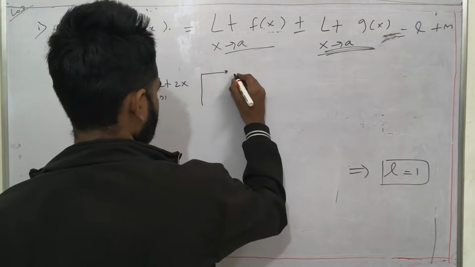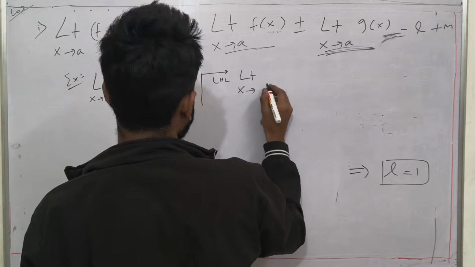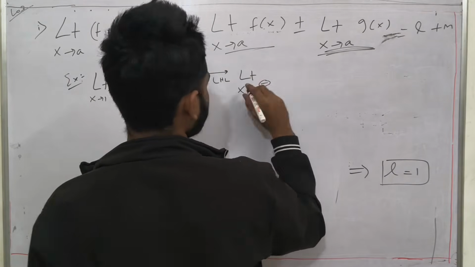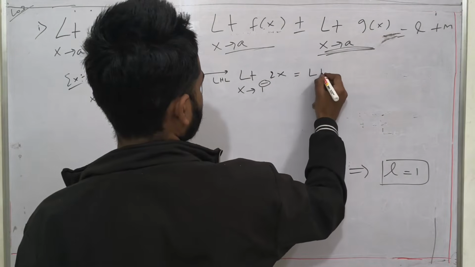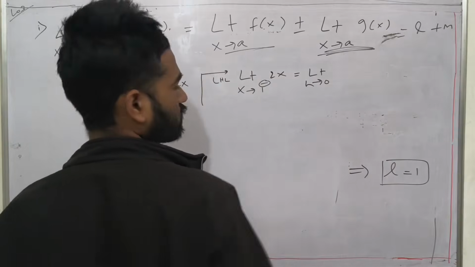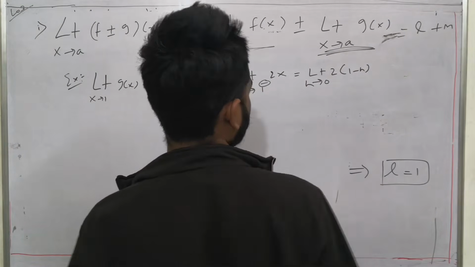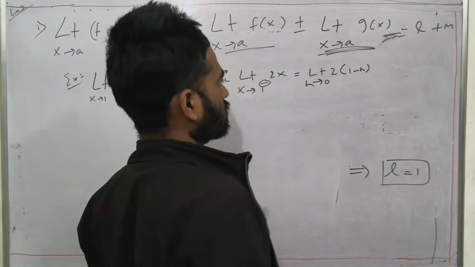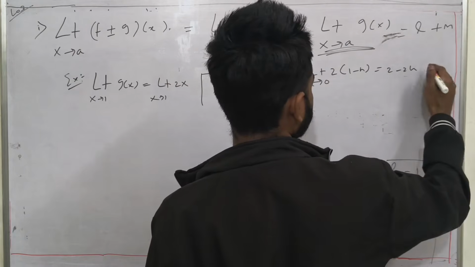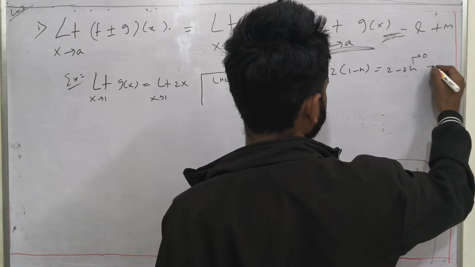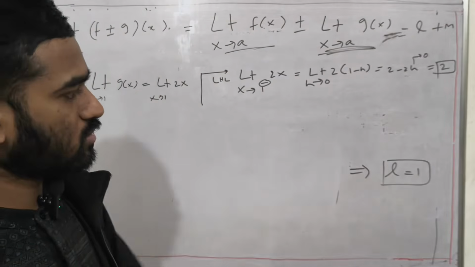Left hand limit is limit x tends to 1 minus of g(x) = 2x, which equals limit h tends to 0 of 2(1 minus h). So it is 2 minus 2h, and as h tends to 0, it tends to 2. So the left hand limit we got is 2.